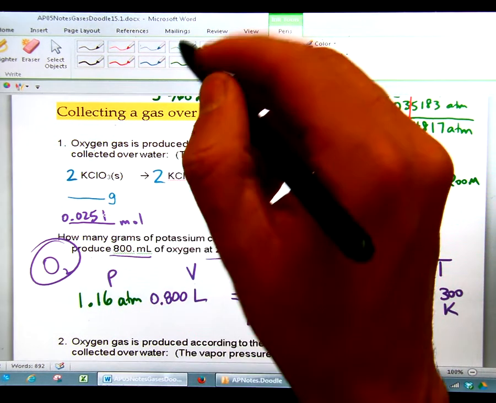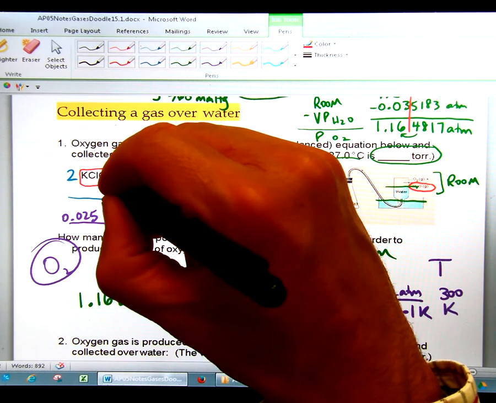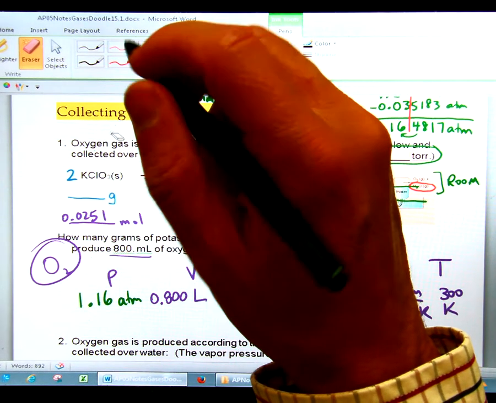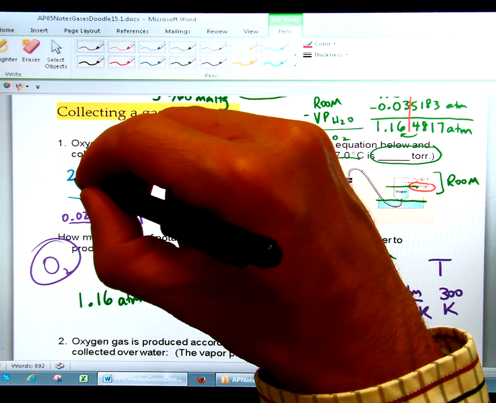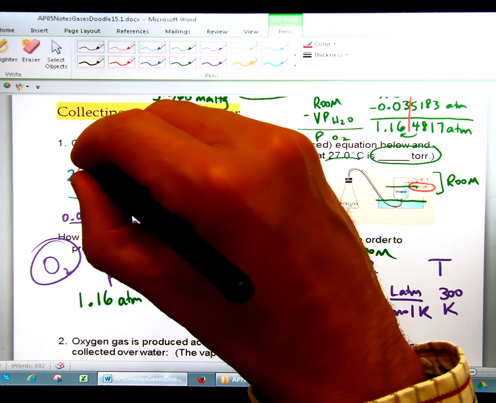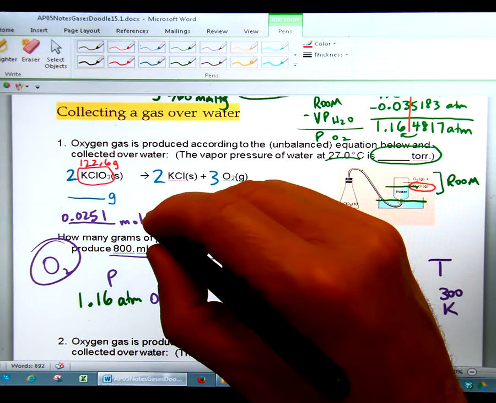And now what you need to do is convert that into grams. So we add the molar mass of KClO3. Remember, we only use the formula, not the coefficient here. So we're going to take 39.1 plus 35.5 plus 48, which is 3 times oxygen, and that's 122.6. Okay, so then you would have to do a conversion.